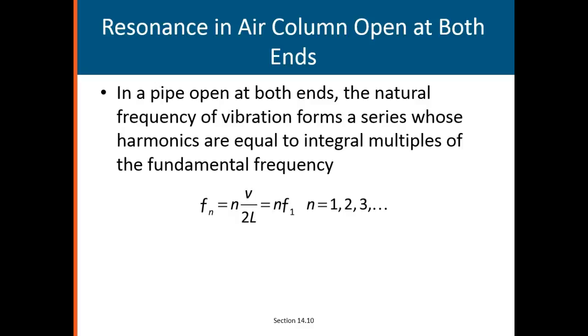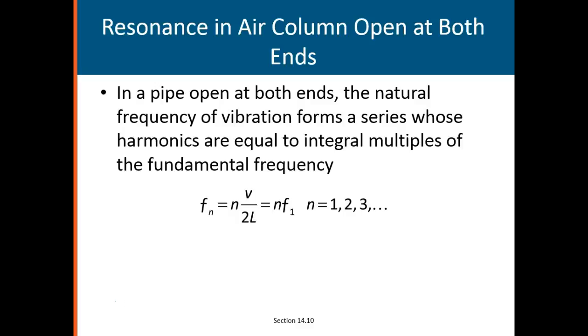This is the fundamental wavelength, and then multiples of this will be, where n is 1, 2, or 3. So when it's 2, it's V over L, that's exactly one wavelength, that's the second harmonic, first overtone, okay?